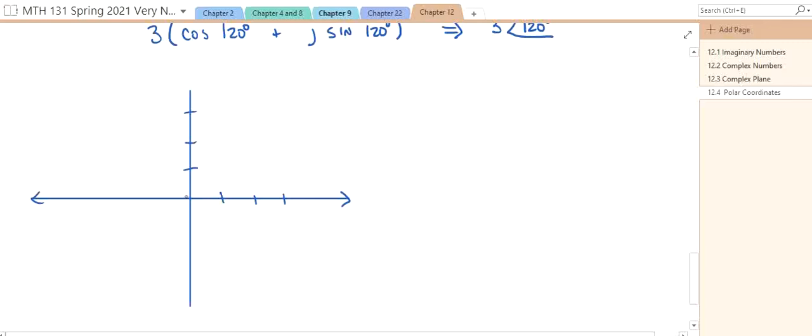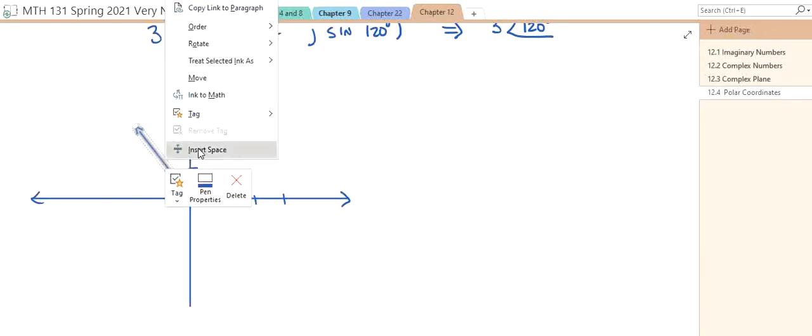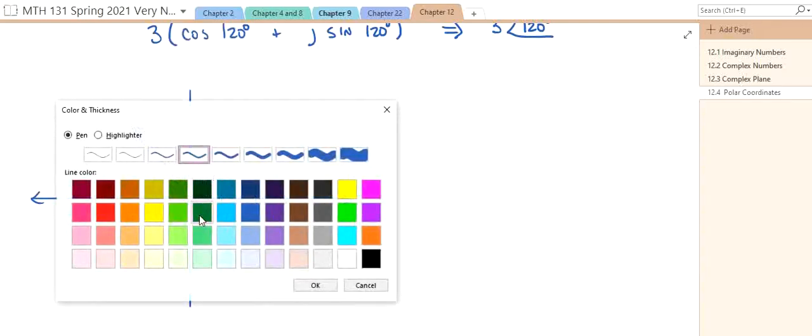And then 120 degrees is about right here. And then a distance of 3. This would come up here to a distance of 3, something like that. Let's change the color of this. Make it green.